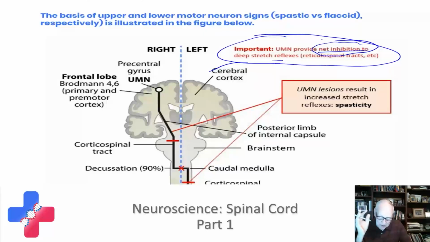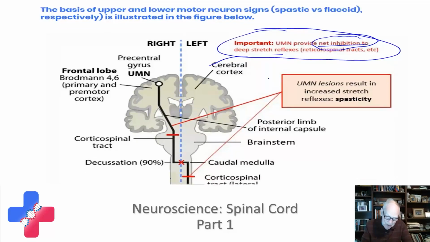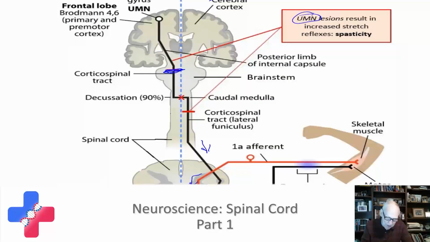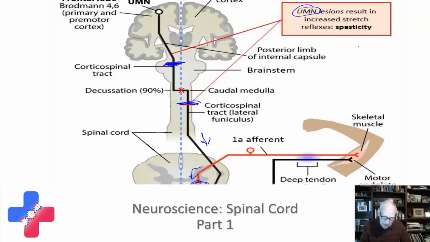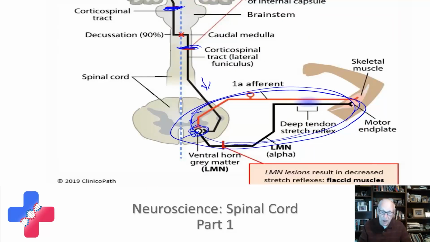But nevertheless, there's net inhibition, the brakes. So what happens when you have an upper motor neuron lesion, whether it's above decussation, whether it's below decussation, what are you going to have? You lose the brakes. So once your loop starts firing, there are no brakes to slow it down. So it runs uncontrollably.